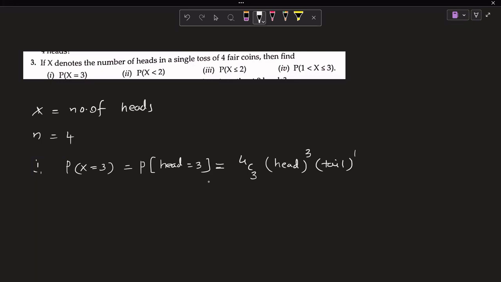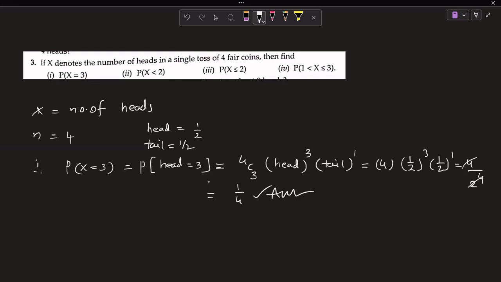We know that head probability is 1 by 2 and tail probability is 1 by 2. 4C3 is 4, head probability 1 by 2 power 3 and tail probability 1 by 2 power 1. So 4 over 2 power 4, and 4 and 2 power 4 cancel, so 1 by 4 is the answer to the first question.